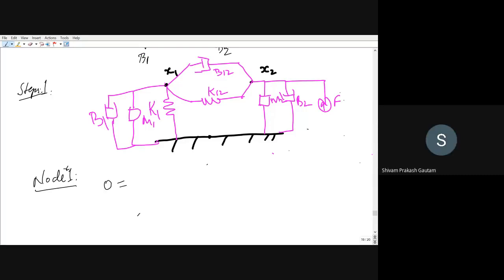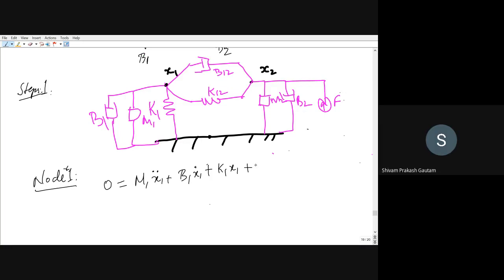Is equal to. Now we have to write mathematical equations of all the basic elements. First write M1. M1 is connected to X1, so M1 X1 double dot. Then B1 X1 dot. Then K1 is also connected between reference, so K1 X1. What else is remaining? B12 and K12.